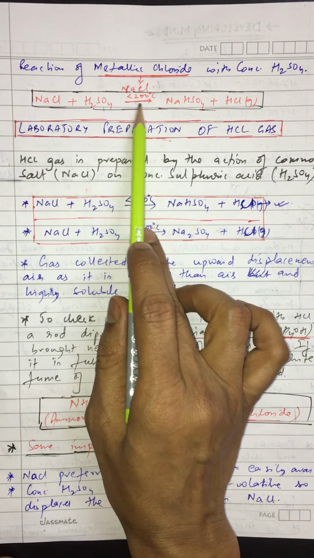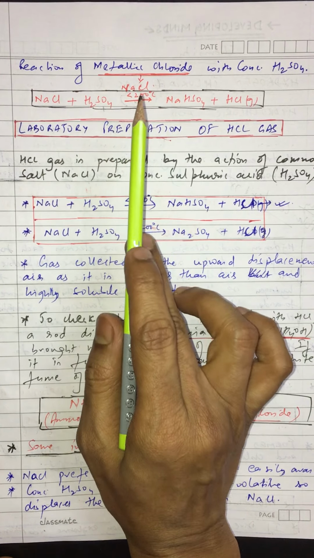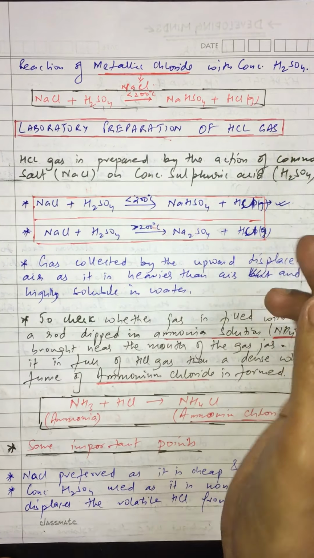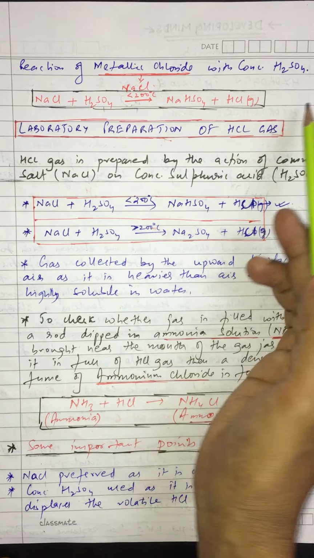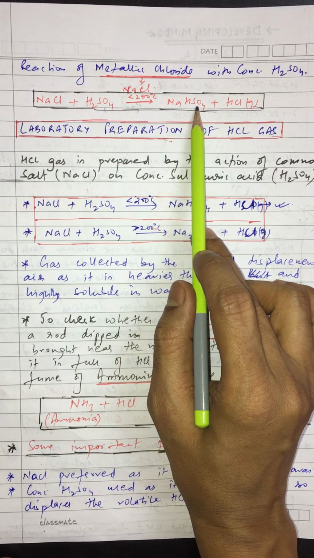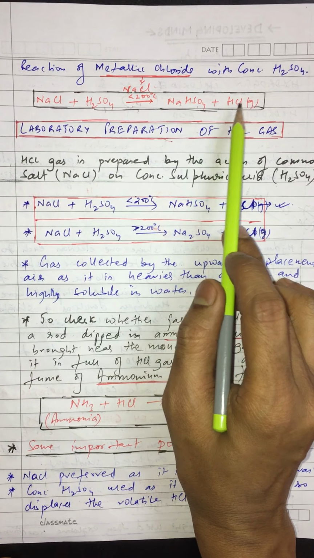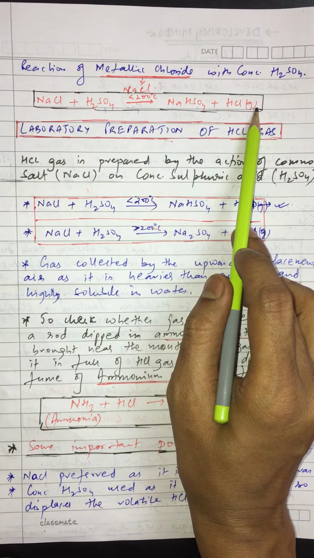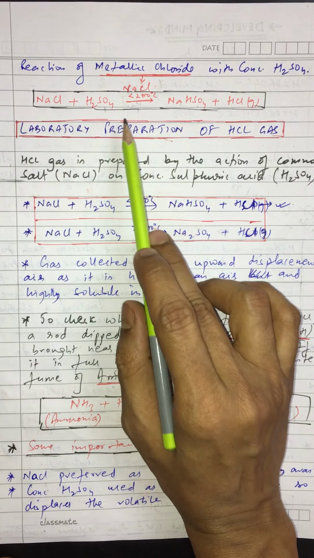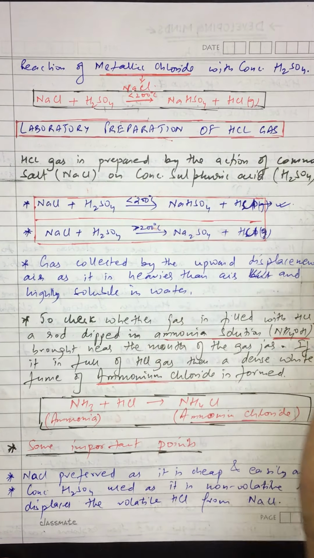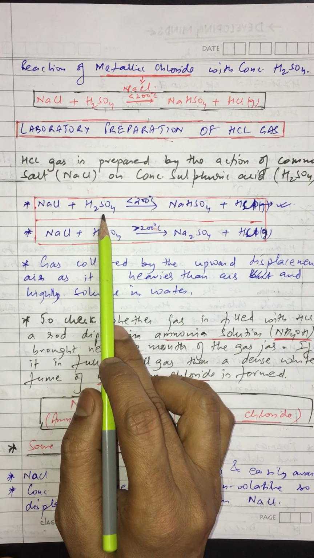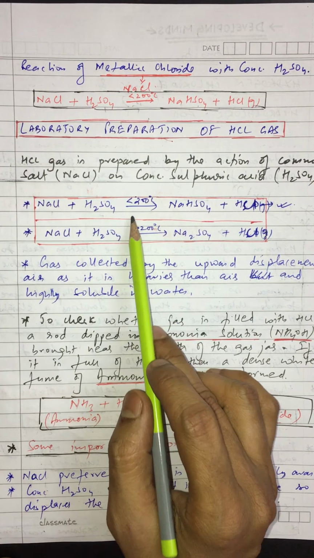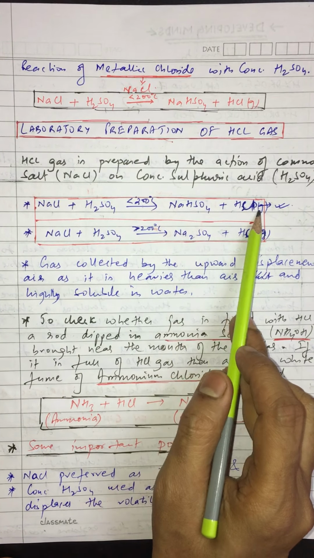The temperature should be less than 200, which we will discuss later on. It produces sodium bisulfate plus hydrogen chloride gas. This is a general way, and this is also the lab preparation of hydrogen chloride gas. See, NaCl plus H2SO4, temperature less than 200, gives NaHSO4 plus HCl.